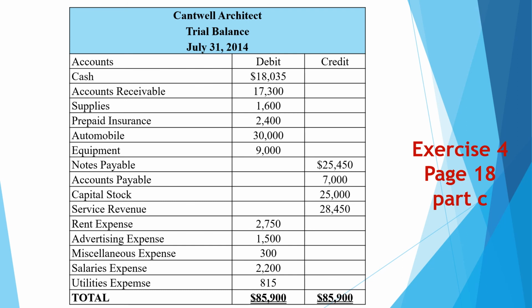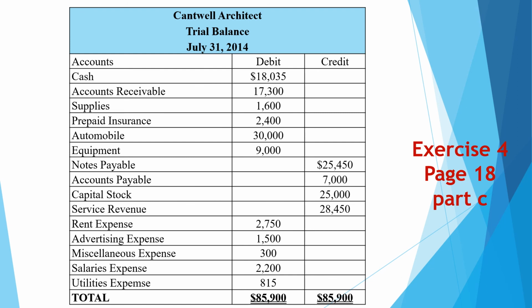So we have to follow the order of the accounts in the trial balance, which is we start with assets, then liabilities, capital stock, retained earnings, dividends, revenues, and then expenses.